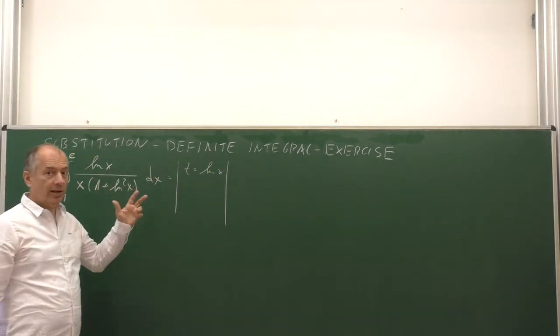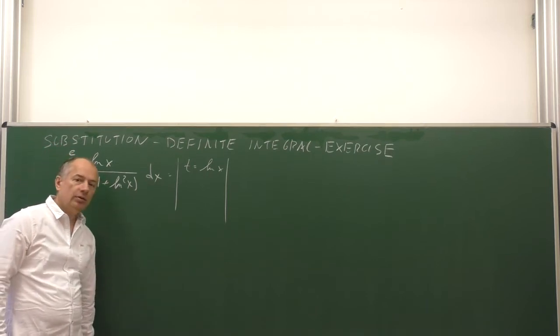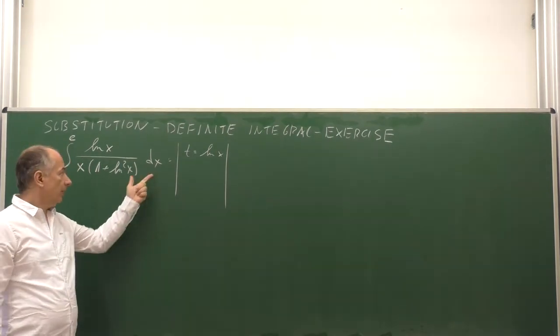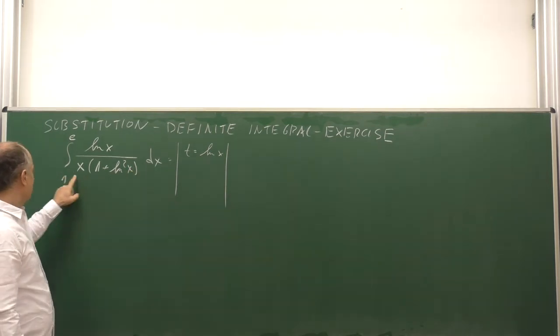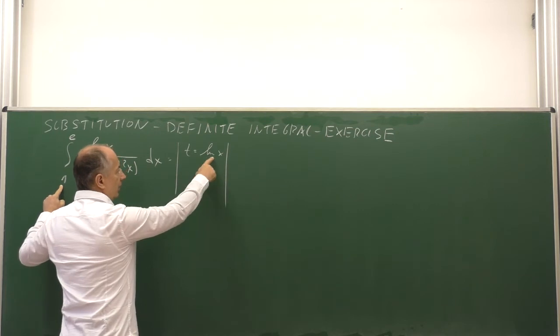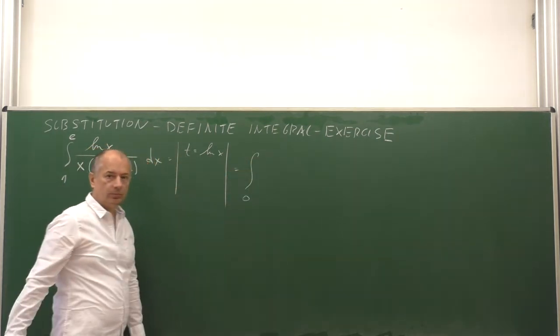Then, once again, when we compute the definite integral using substitution, we must recompute three things: the integrated function, the differential, and the limits. If x starts at 1, then t starts at logarithm of 1, which is 0.